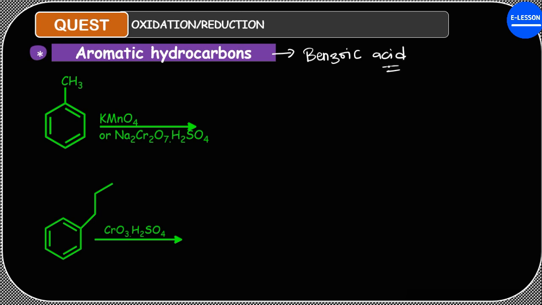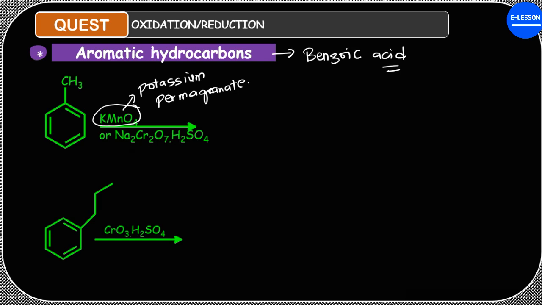So aromatic hydrocarbons usually react with KMnO4, which is potassium permanganate, as an oxidizing agent, or it may use sodium dichromate in H2SO4 at a very hot temperature. Are you getting it?